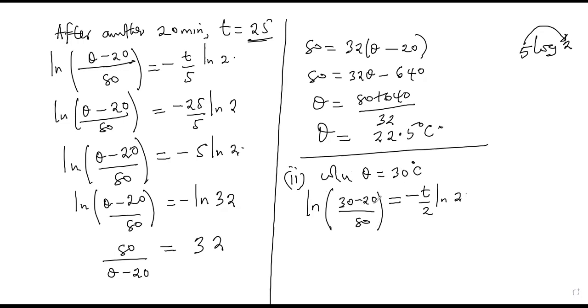Now this is 10 over 80, that is ln(1/8) on this side, equal to negative t over 5 ln 2.